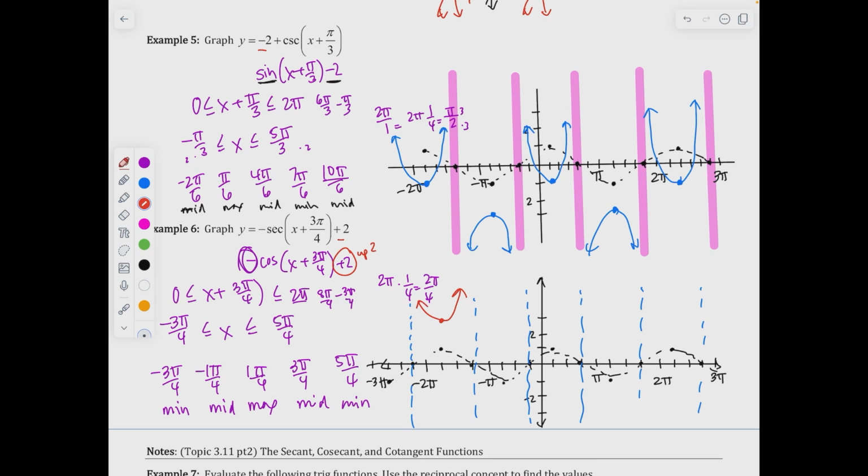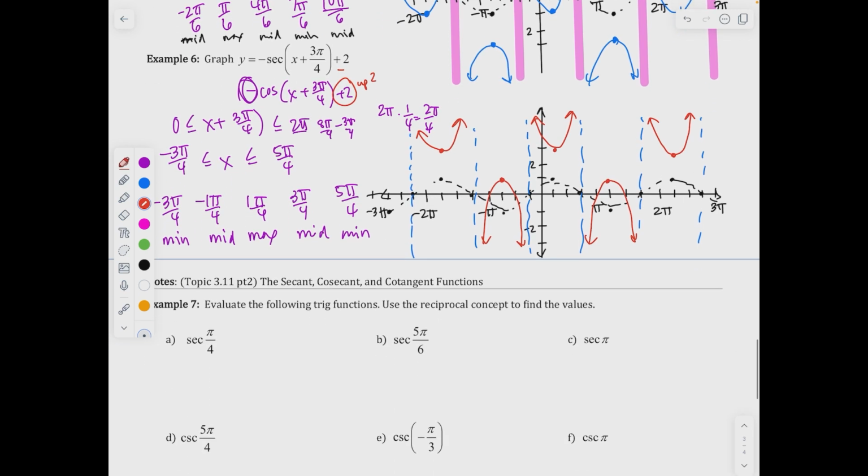My minimum from negative 1 goes up to positive 1, but it opens down since it started below. Okay, and then up to 3, up to 1, up to 3, and so forth. Okay, and so that would be how we would graph this one.